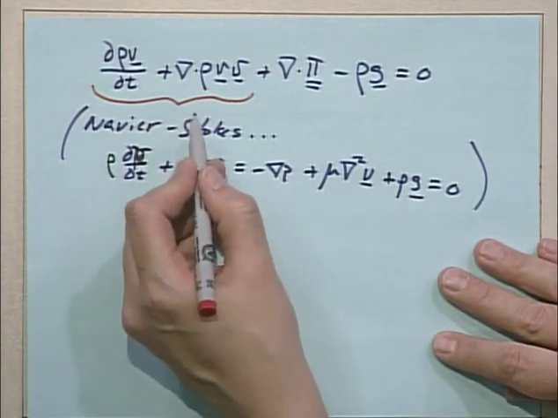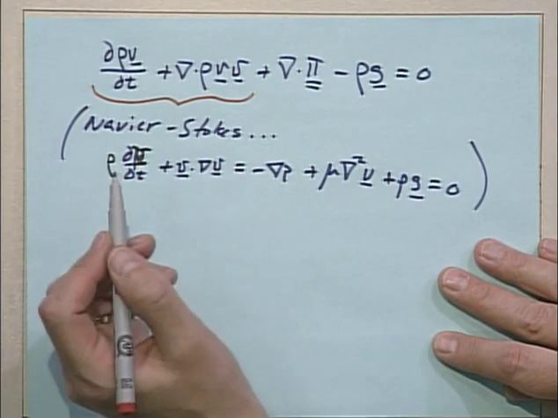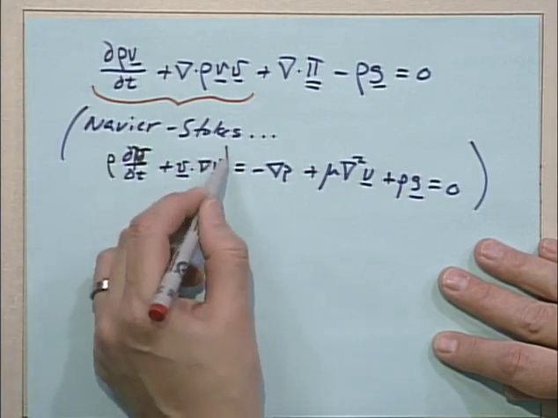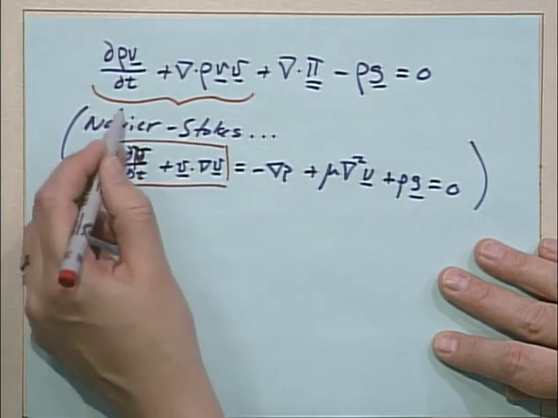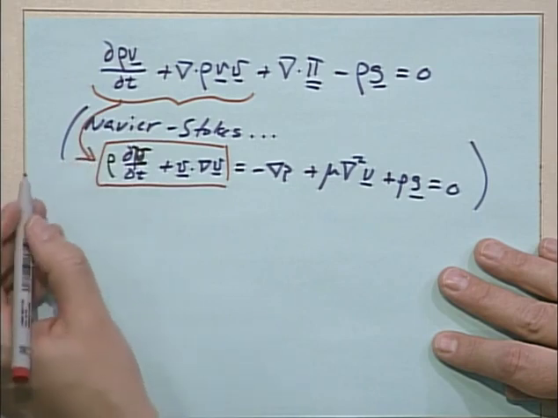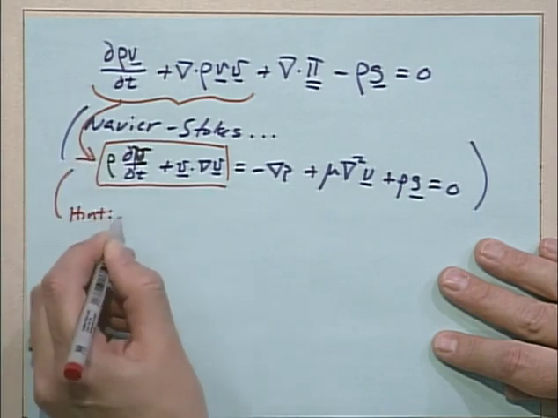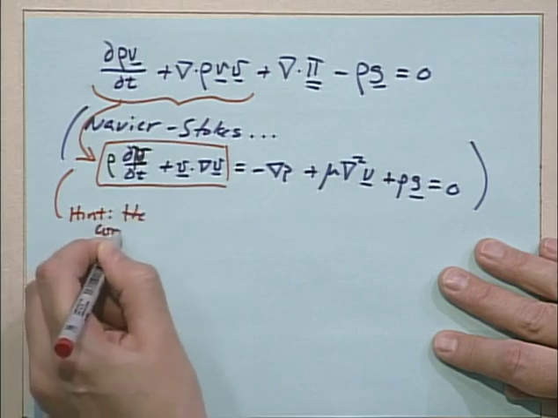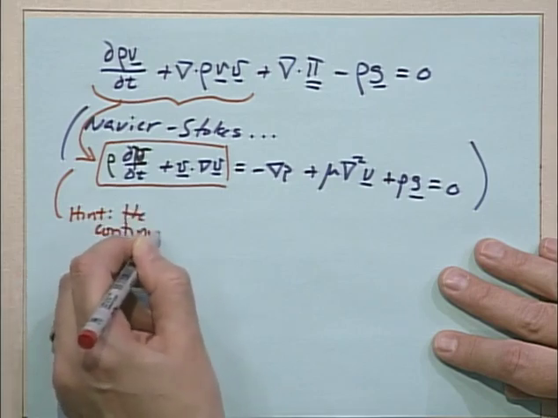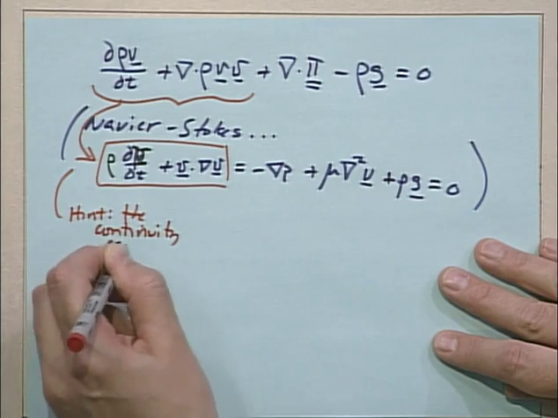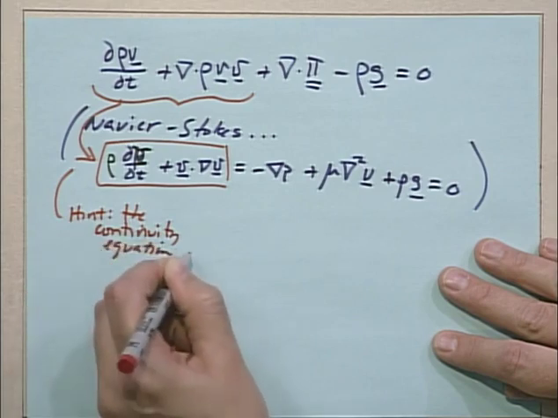There'll be some terms that are the continuity equation. And what's not the continuity equation is this. This becomes this, and the hint is the continuity equation, the mass balance, drops out.